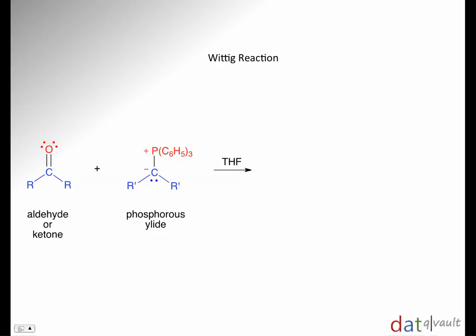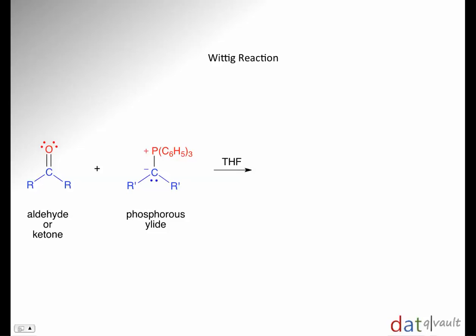So really focus on learning and, more importantly, comprehension of the material. To comprehend the Wittig reaction, the first thing that you need to know is that the reaction involves either an aldehyde or a ketone, and this molecule called a phosphorus ylide, which has a positive charge on phosphorus and a negative charge on the carbon bonded directly to phosphorus.